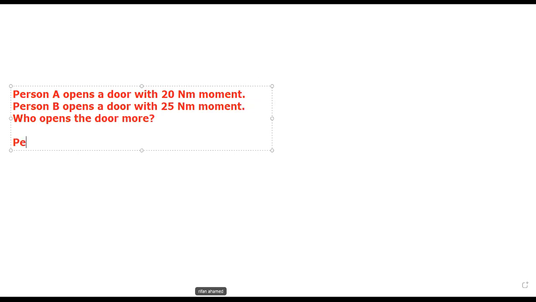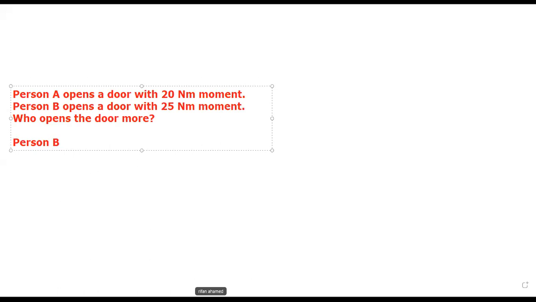Copy down this question. This is the basic idea. If the basis is understood, moment can be understood. That's why I'm asking this question. Person A opens the door with 20 Newton meter moment. Person B opens the door with 25 Newton meter moment.